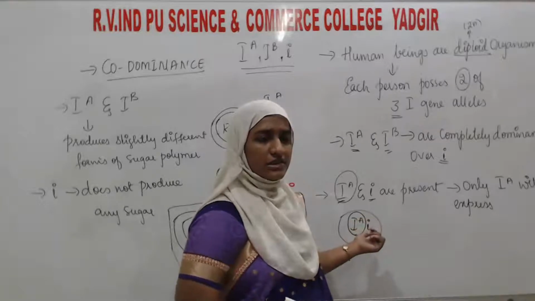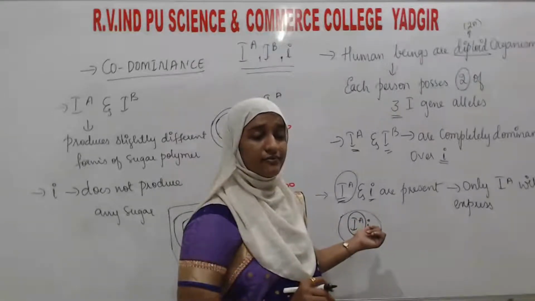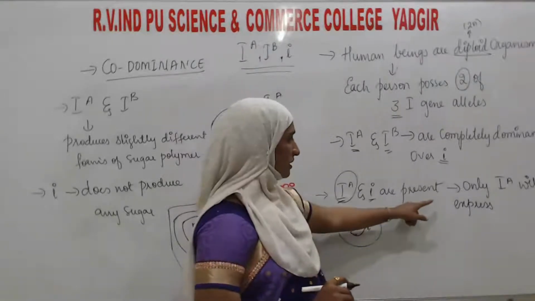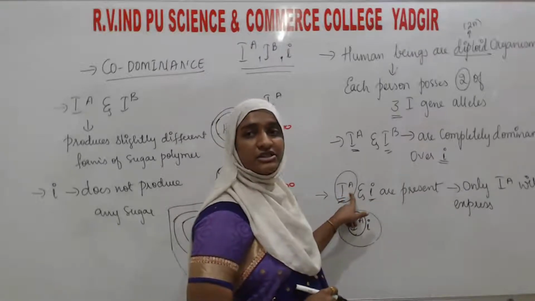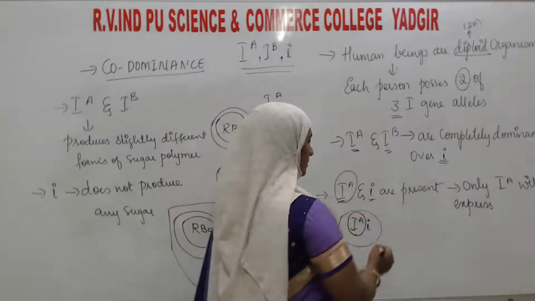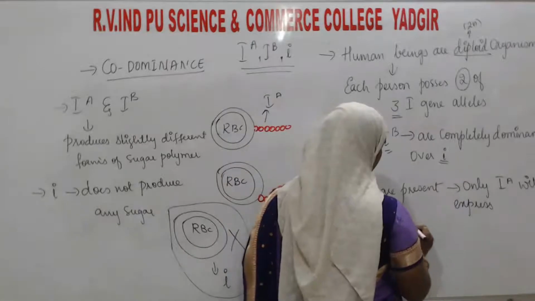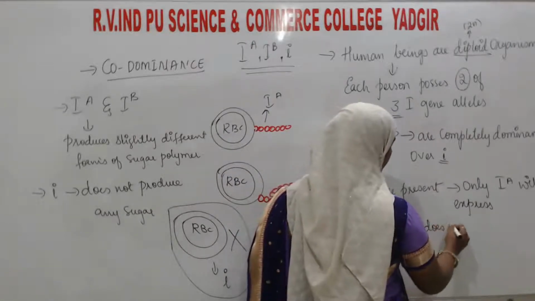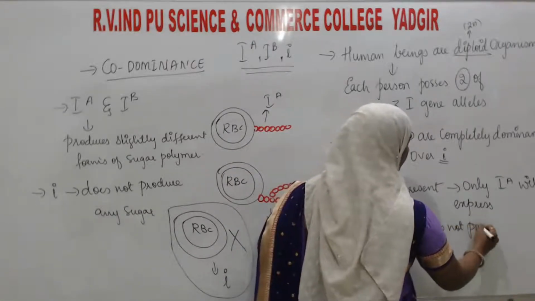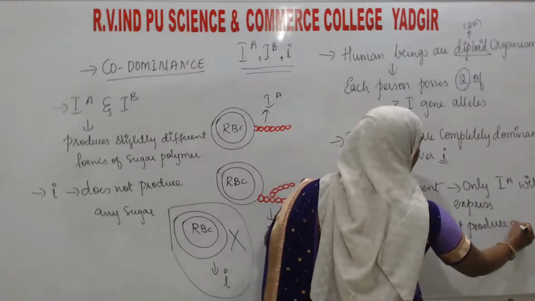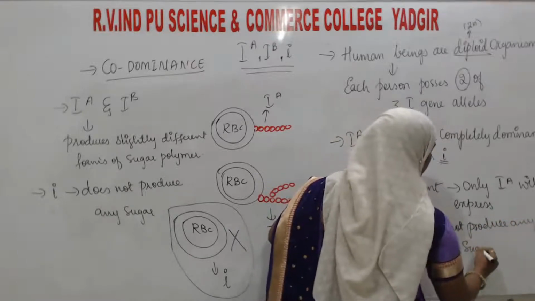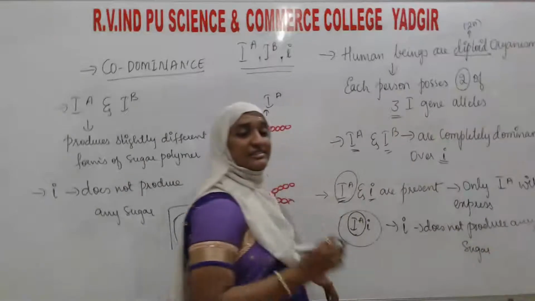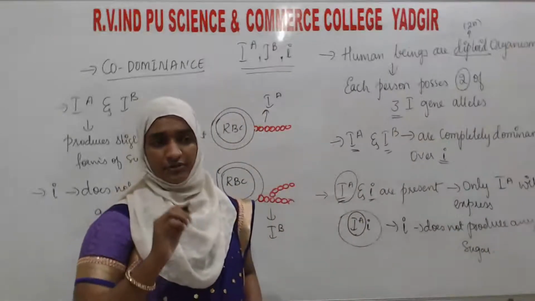That's why it is not going to express itself. It is recessive, because IA is the dominant gene.